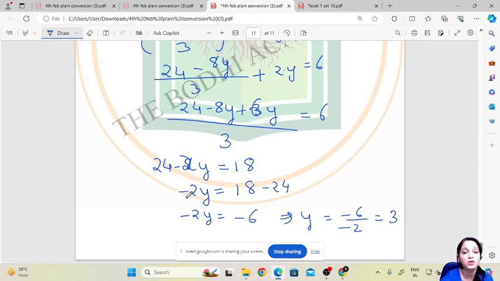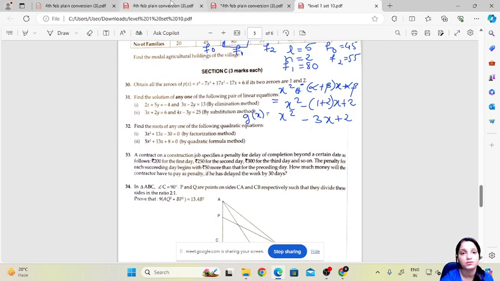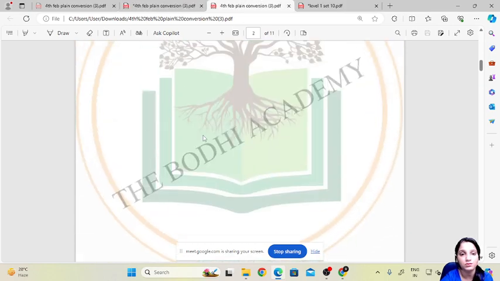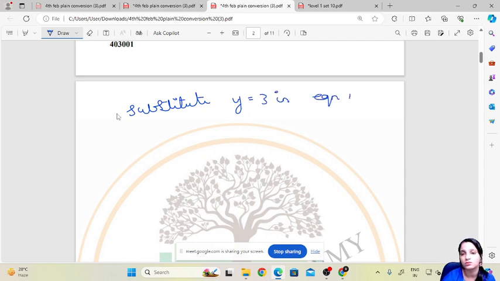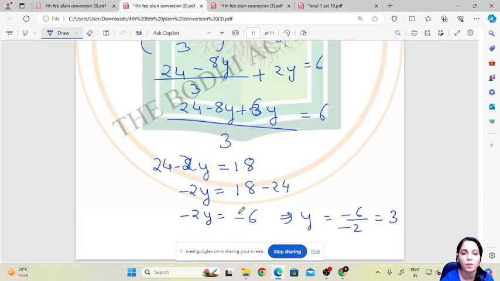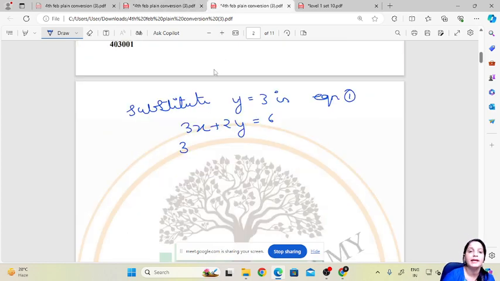Okay. Now substitute y is equal to 3 in the first equation. The first equation was 3x plus 2y is equal to 6. So 3x plus 2 into y is 3 equal to 6.